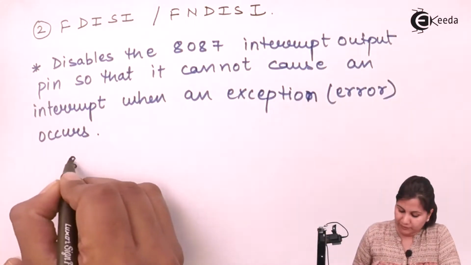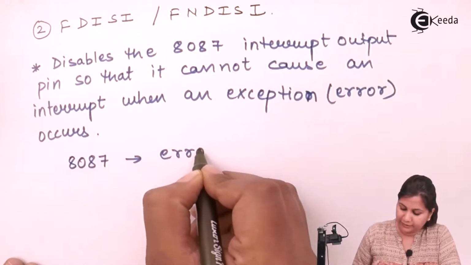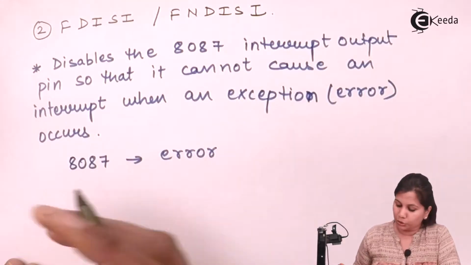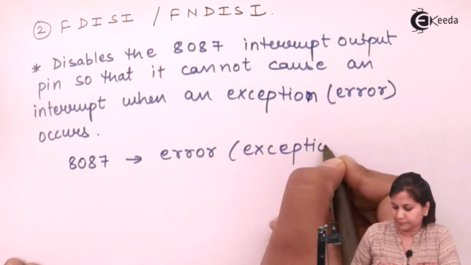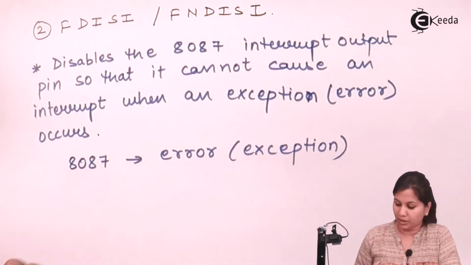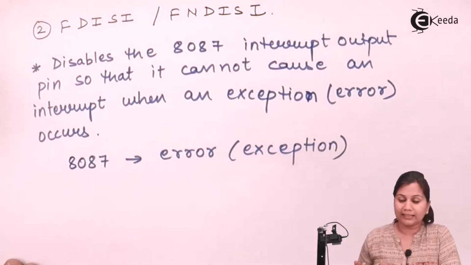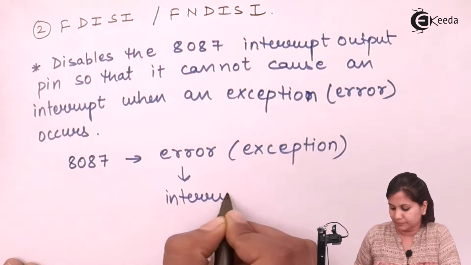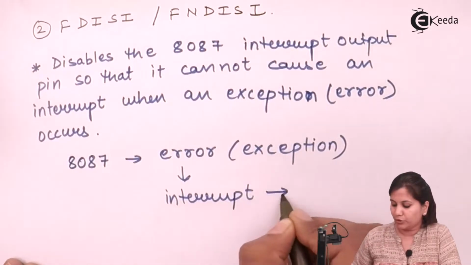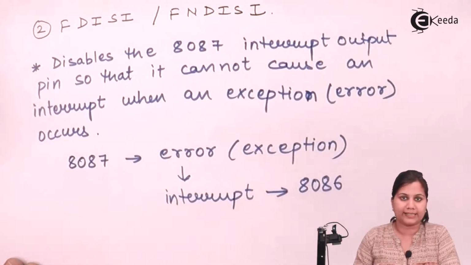In 8087, the errors which occur in the calculations are called exceptions. Whenever any error occurs in 8087, that error is going to cause an interrupt, and this interrupt is going to affect the main processor, that is 8086.